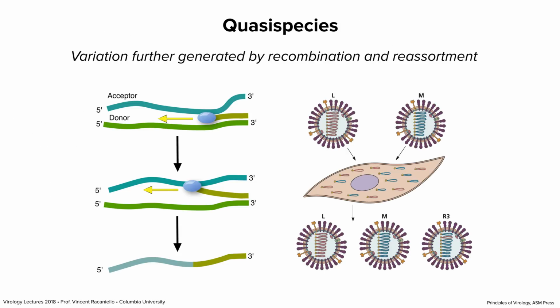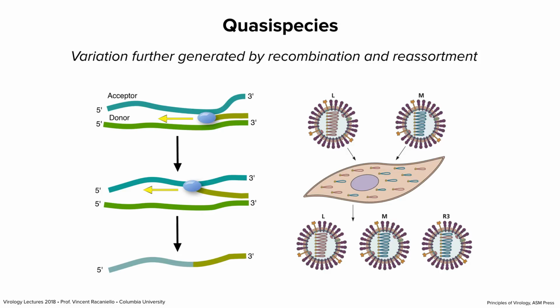So the quasi-species diversity is caused by the error-prone polymerases. The quasi-species are more diverse in an RNA virus population than in a DNA virus population. But there are also other contributors to diversity besides mutation. They're shown here. Recombination in co-infected cells.